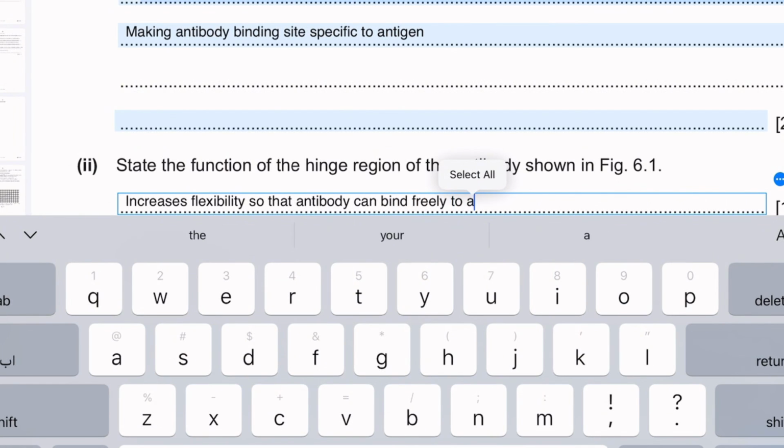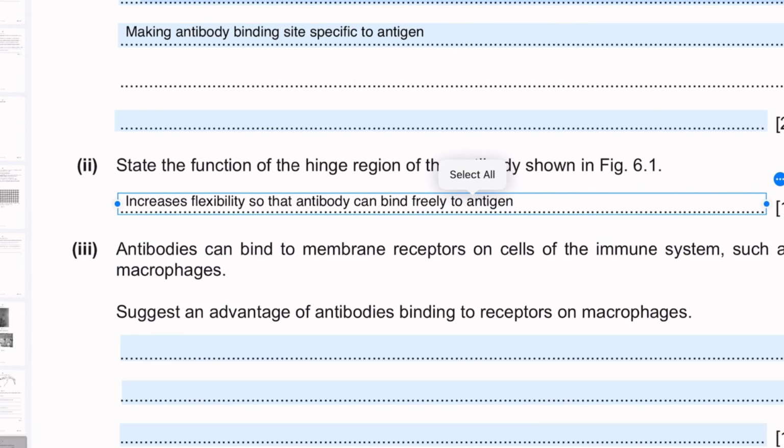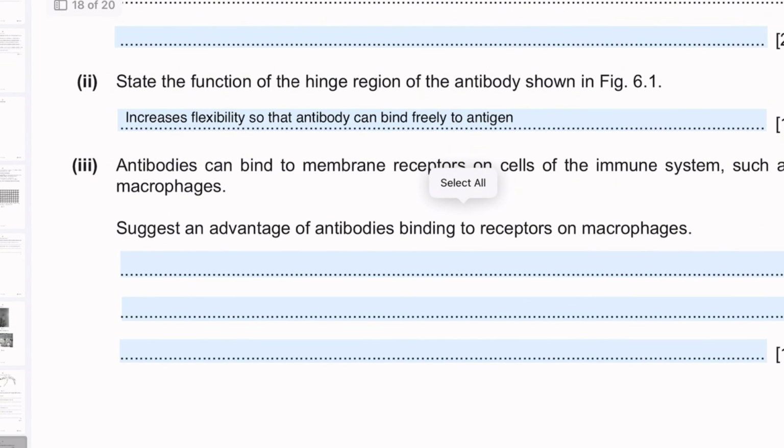to antigen. Okay. Then you have: antibodies can bind to membrane receptors on the cells of the immune system, such as macrophages. So just an advantage of antibodies binding to receptors on macrophages. This question is a little vague, but let's just mention that antibodies are going to help with macrophages, because remember in phagocytosis, you had opsonins, or antibodies, binding to the antigens of the pathogen, and then bringing them to the macrophages.